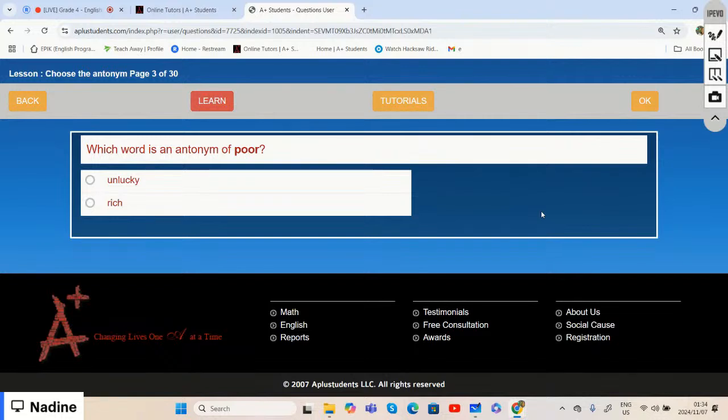What is the antonym of poor? The opposite of poor, is it option one, unlucky, or option two, rich?